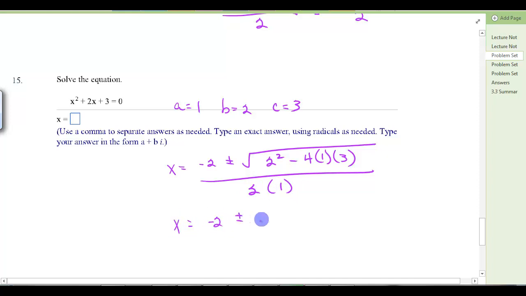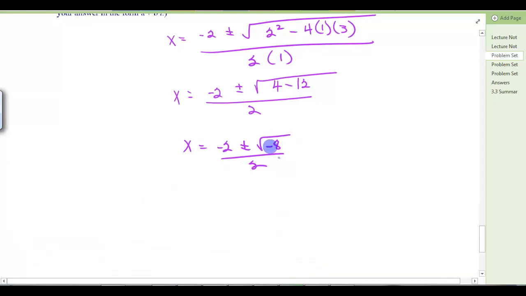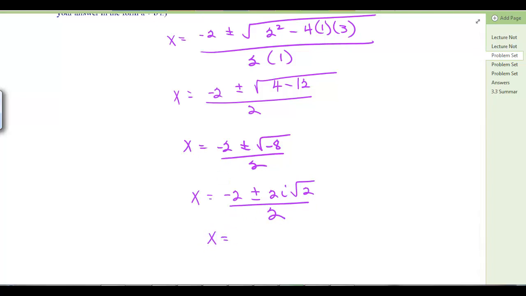Clean that up. And you have to simplify the square root of negative 8. That's 4 times 2. So we're going to have x equals negative 2 plus or minus 2i square roots of 2 over 2, which ultimately gives us negative 1 plus or minus i square roots of 2.